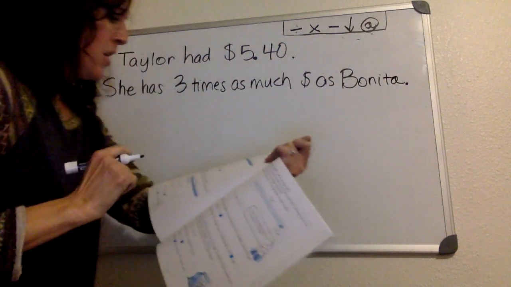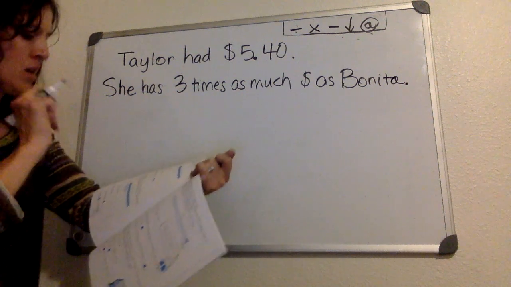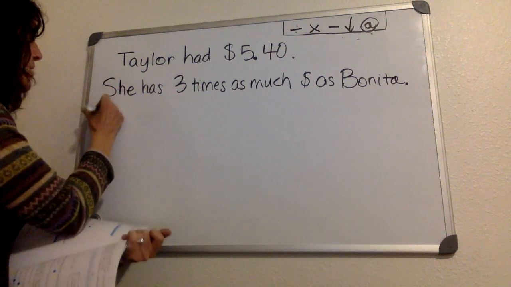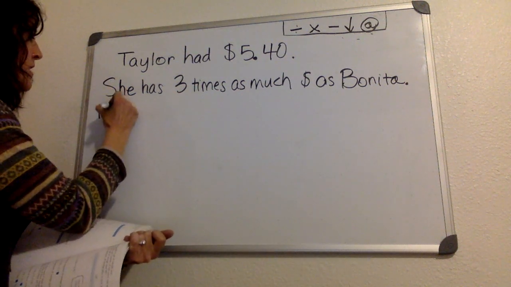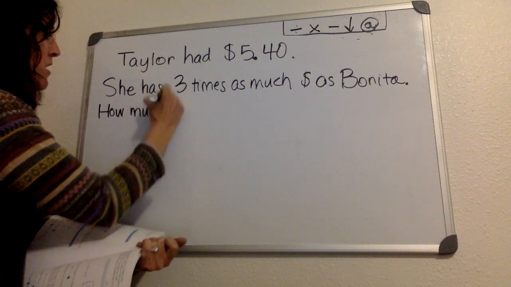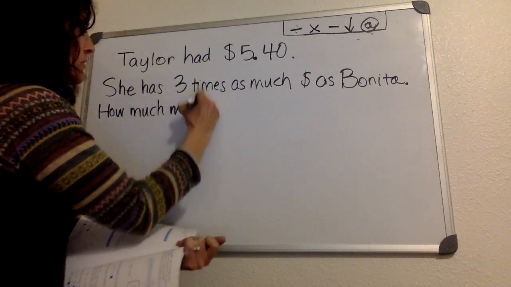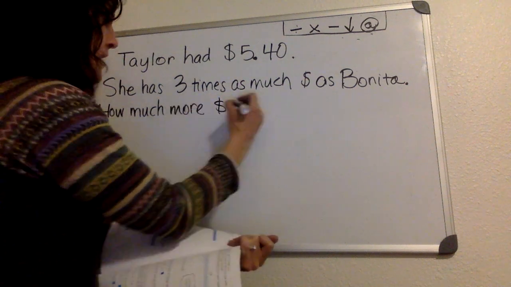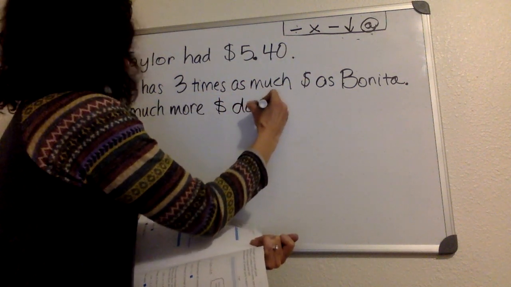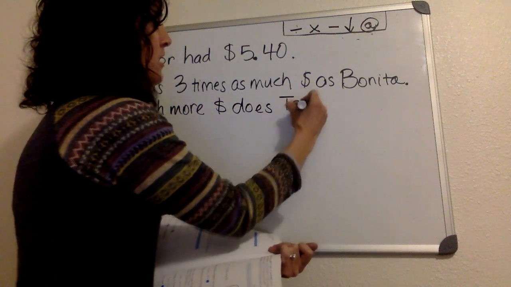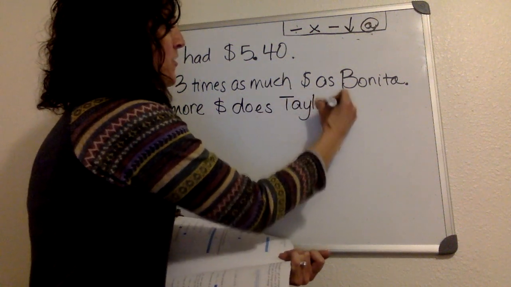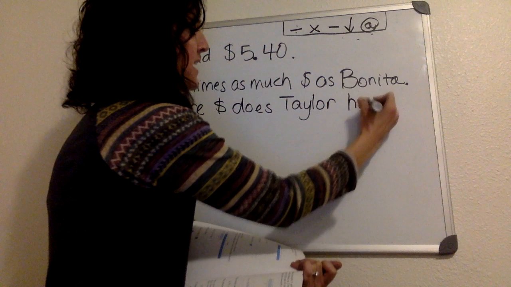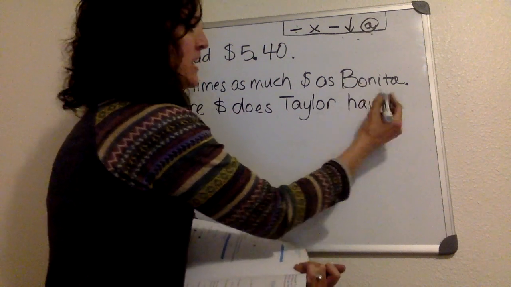Okay. How much more money does Taylor have than Bonita? Right now, I'm just going to say how much more money, dollar sign, does Taylor have? And you know that the rest of it was, does Taylor have than Bonita?